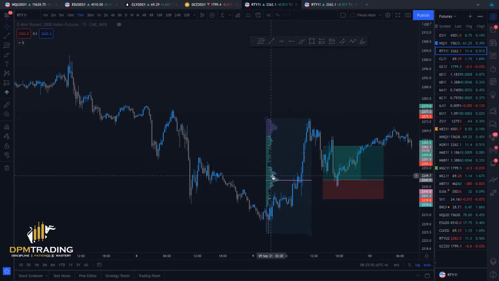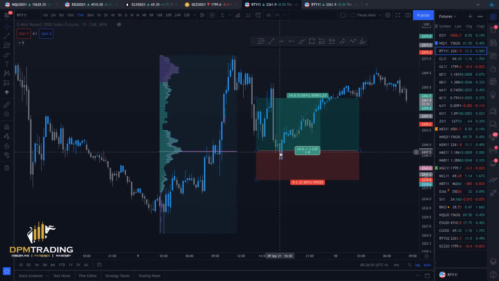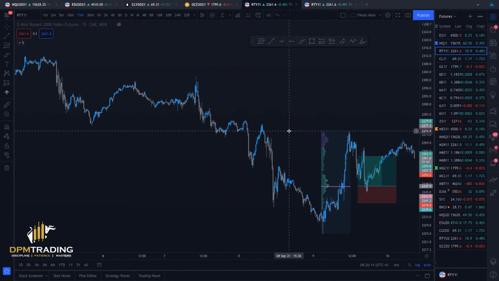So again, I didn't trade it, but you could have. This was some volume that was created during the day yesterday, during the opening, and then we came down and sort of bounced off it. This wasn't wee hours of the morning. That's my mistake. This was basically right at the close. We bounced off of this and then moved on to the upside.